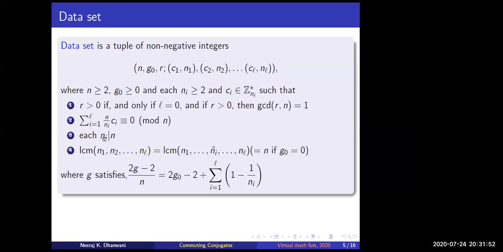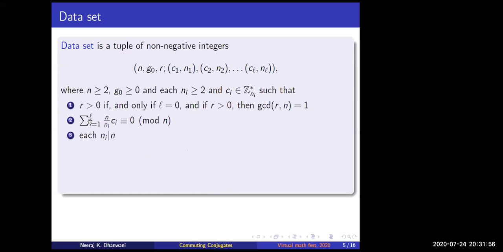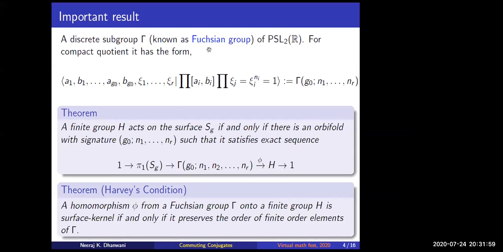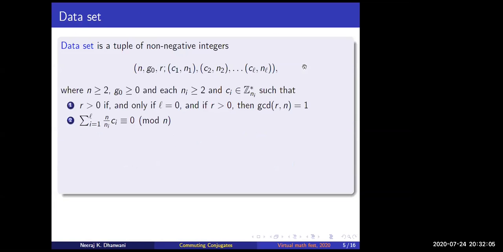Condition 3 is about the finite order being preserved, and this is about satisfying this long relation, that the product of all the commutators with the product of all the finite order elements is 1. So all the images are also 1. That's this condition. So technically, this tuple is going to correspond to this surface kernel map.